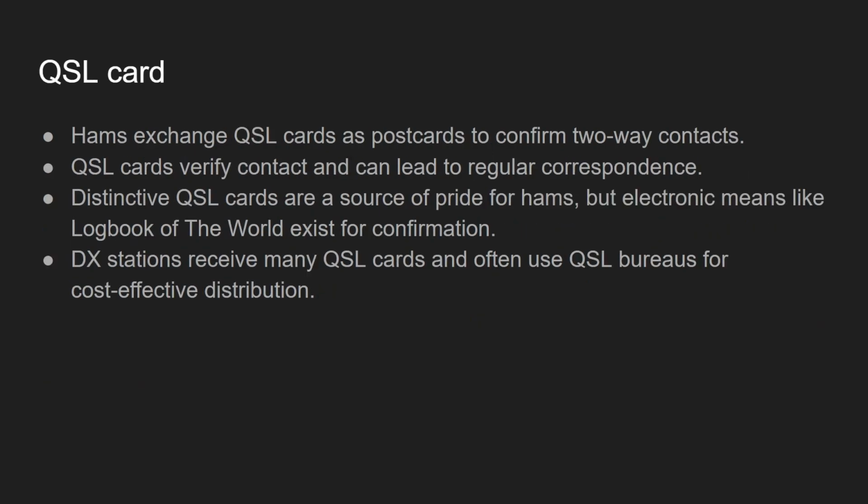QSL card, this is for two-way contacts. I've already explained it to you. Once you have the license, you can register. HARTS CSSC is the bureau in Hong Kong. You can mention to others, hey, can you send your QSL card to my bureau?